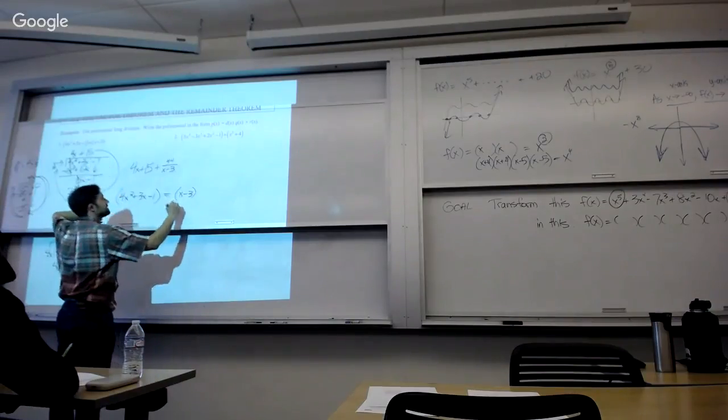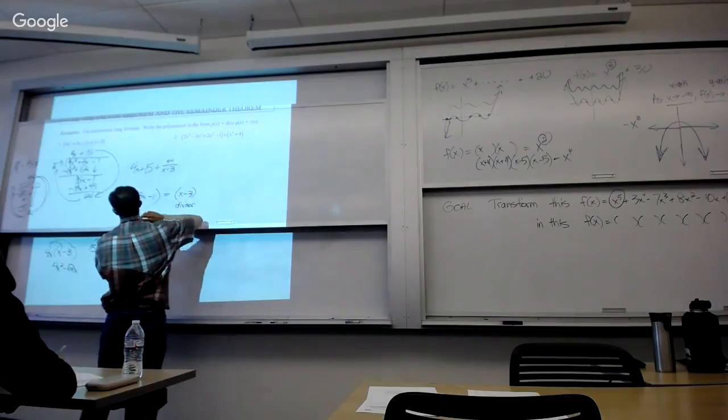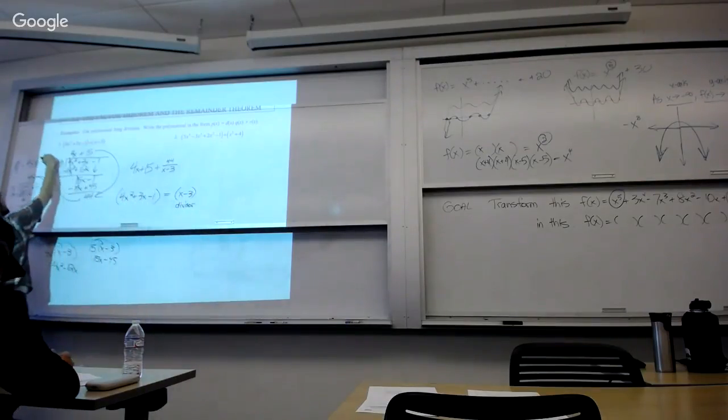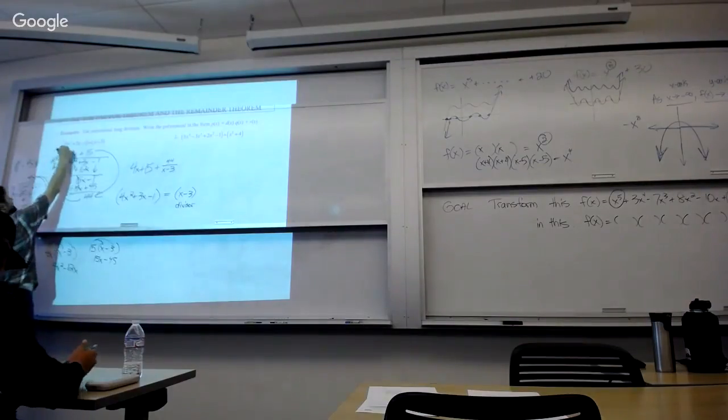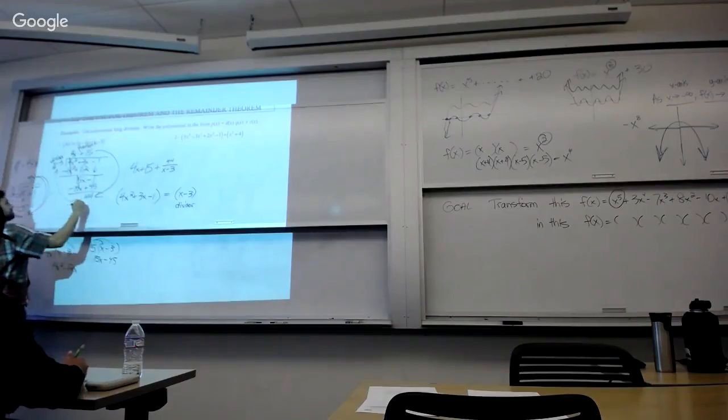So that's the first part, the divisor. This is the divisor. This is the quotient. This is the remainder. I would write all that down, folks.